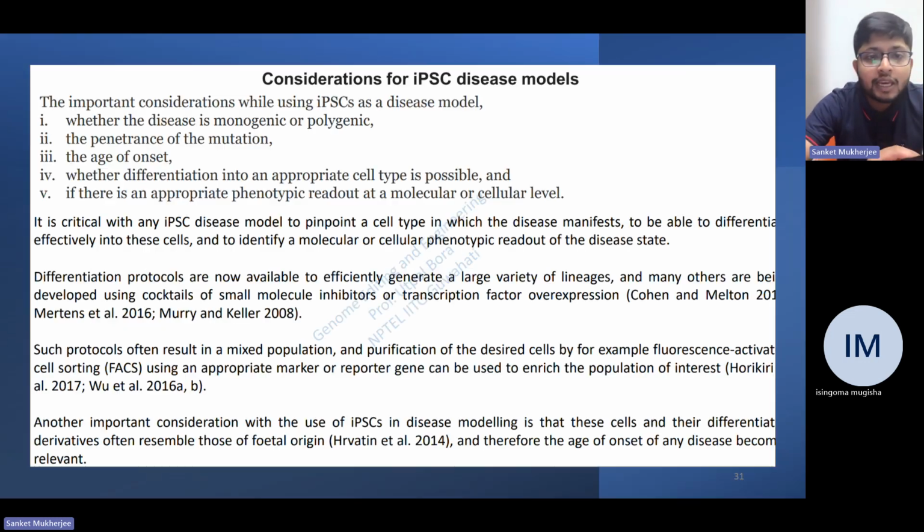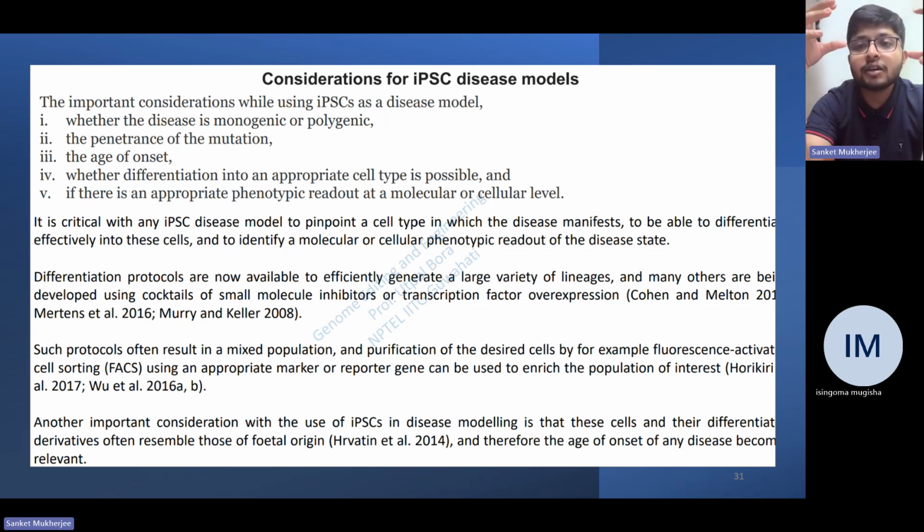Let's see what we have. The considerations for iPSC disease models are whether the disease is monogenic or polygenic, the penetrance of the mutation, the age of onset, whether differentiation into an appropriate cell type is possible, and whether there is an appropriate phenotypic readout at a molecular or cellular level. What does that mean?